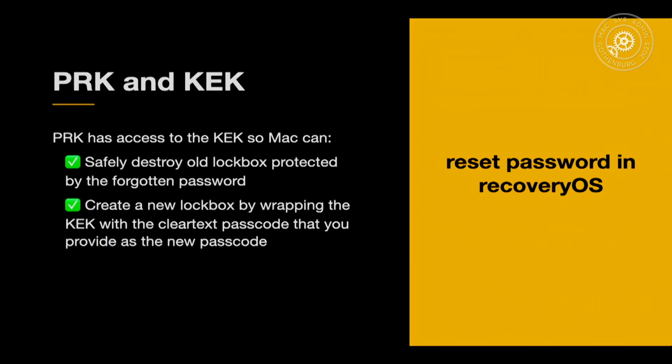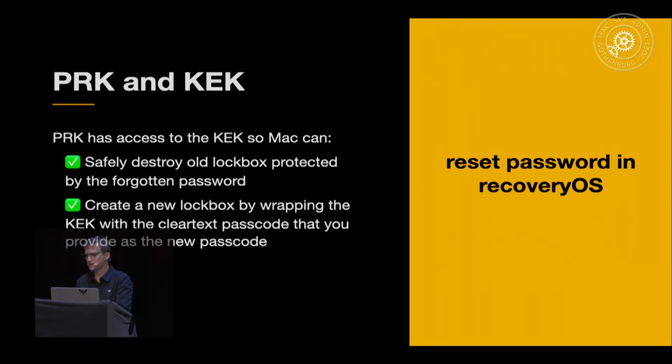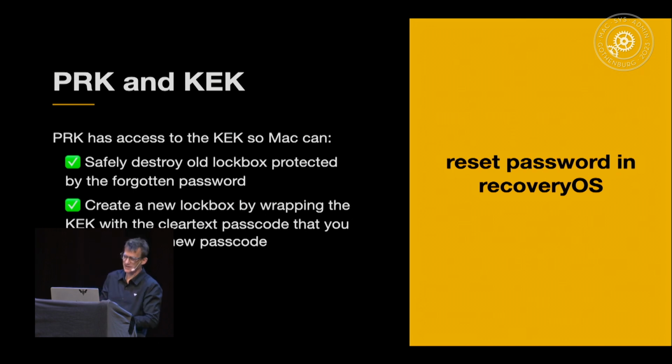And please don't write that PRK on a piece of paper and stick it in your bag and get your bag stolen with your laptop in it, because then the thief will be able to take the key and use it to change the password, which then safely destroys the old lockbox and creates a new lockbox by wrapping the KEK with the clear text password that you provide for the new password.